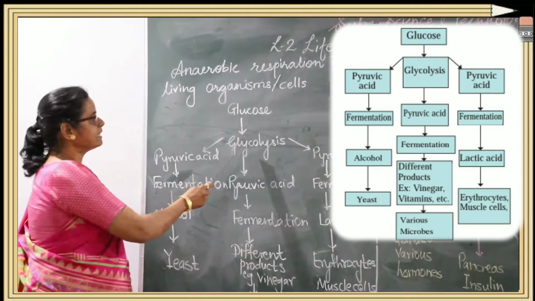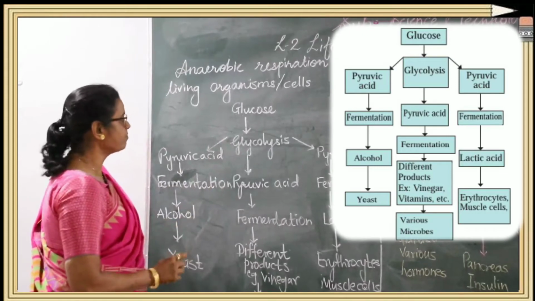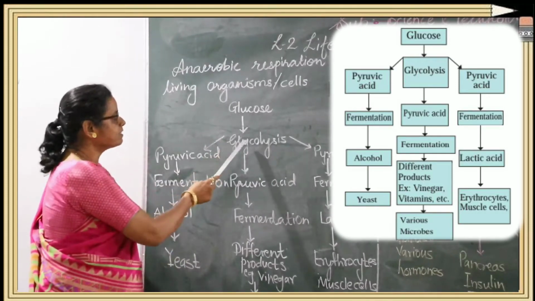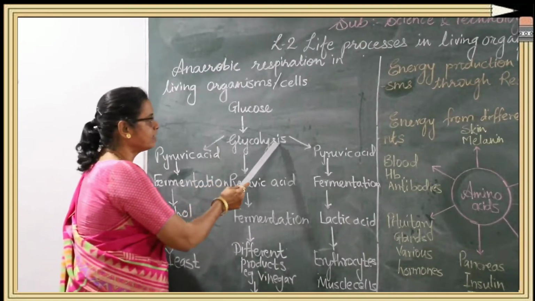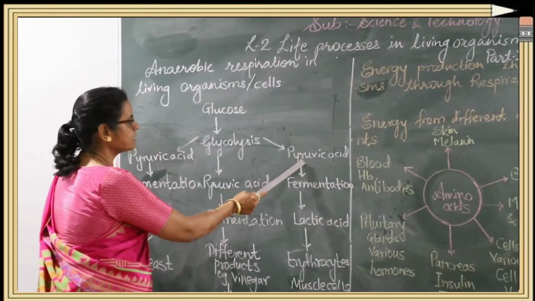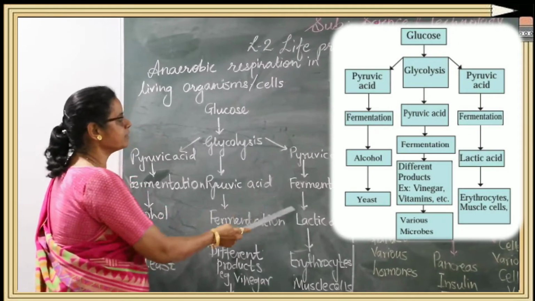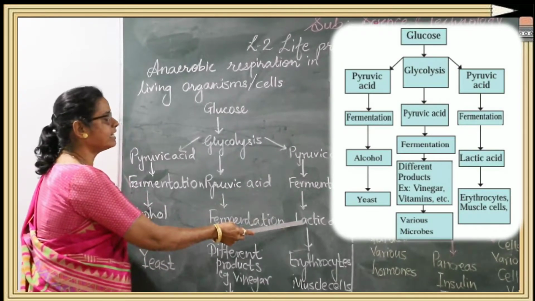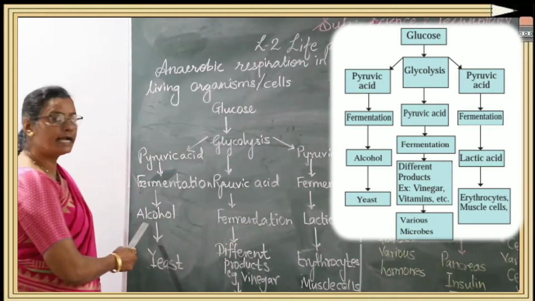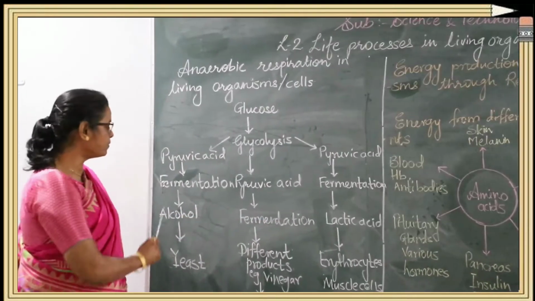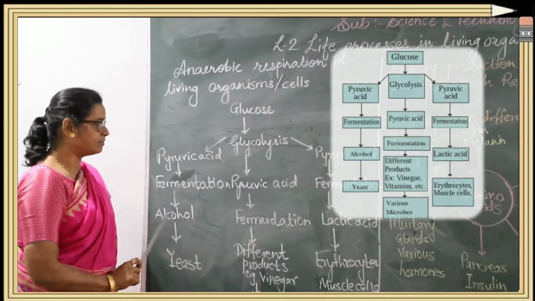Here you will see in a diagram, glucose gets converted into pyruvic acid. The pyruvic acid which is produced during glycolysis gets converted into other organic acids like lactic acid and alcohol by the process of fermentation.